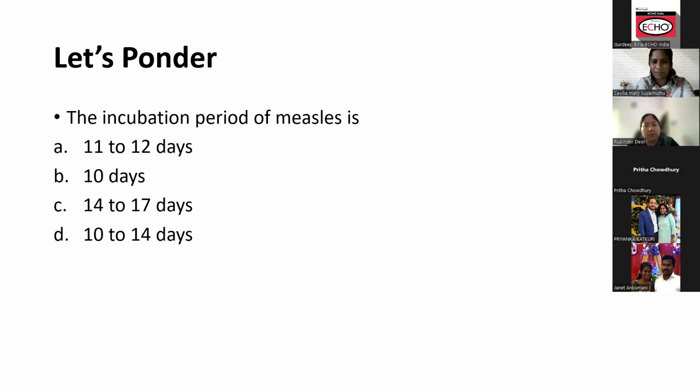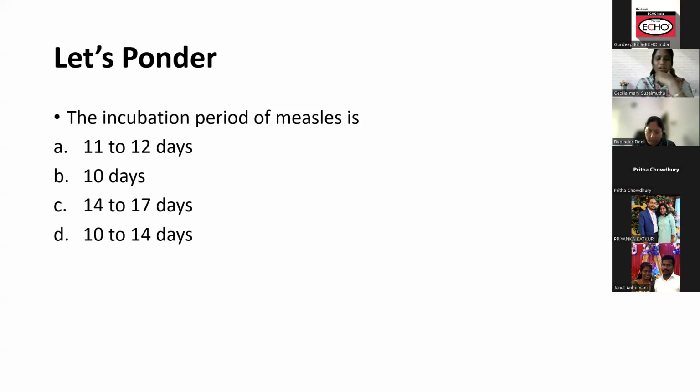The incubation period of measles: is the stem correct? Yes, ma'am, the stem is correct. It is direct. You are able to understand the stem standalone, the problem that is being addressed.